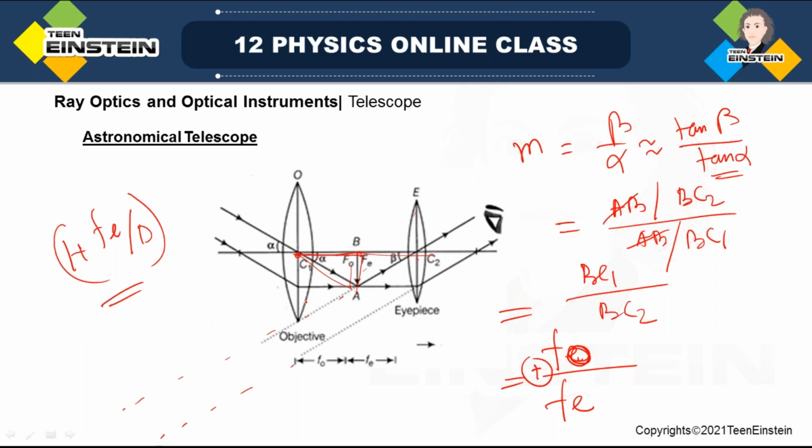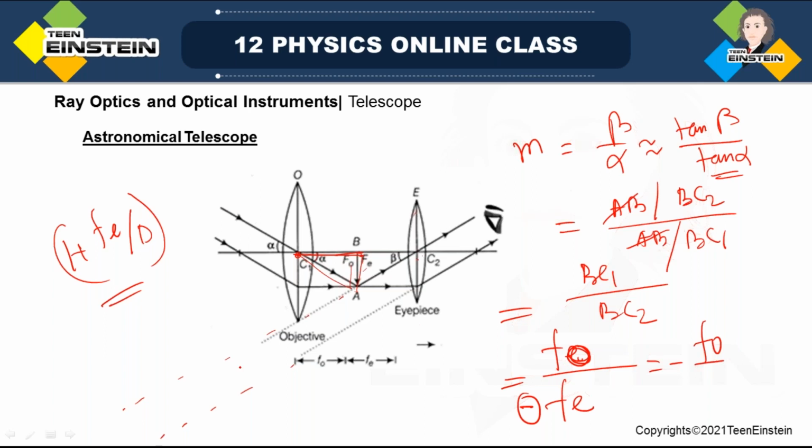In case of infinity, I'm sorry, here also the sign is not positive. Actually, here also the sign should be negative. See, the Fe is measured in the opposite sign, so it will be negative.